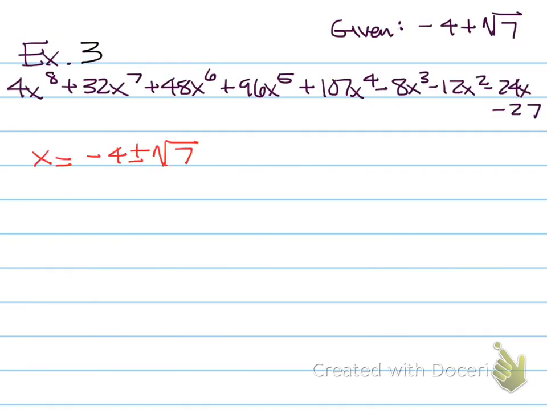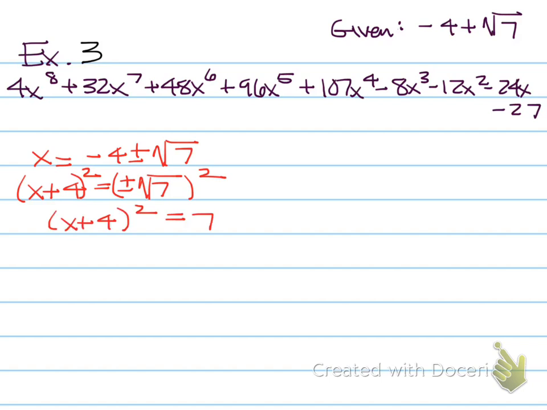So now, since we know that irrational numbers occur in conjugate pairs, we know that -4 minus root 7 is another root. So I just set this equal to x, add 4 to both sides, and then I want to do the opposite of square rooting, which is squaring both sides.